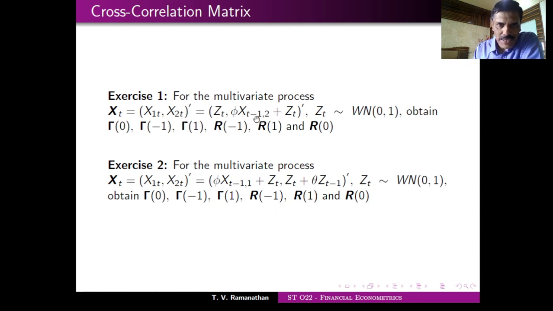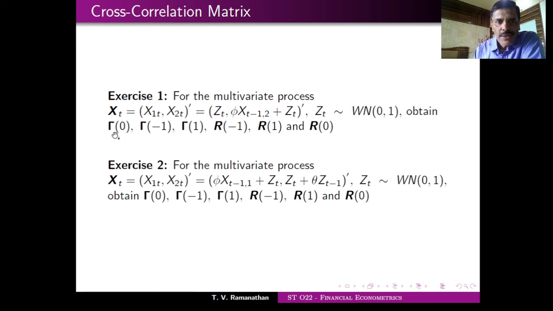So there are two mistakes that I need to correct. X2t is equal to x2t minus 1 plus zt. So that's actually phi x2t minus 1. So it is an AR kind of model. So this is an AR structure for this component, and this component is already a white noise structure.